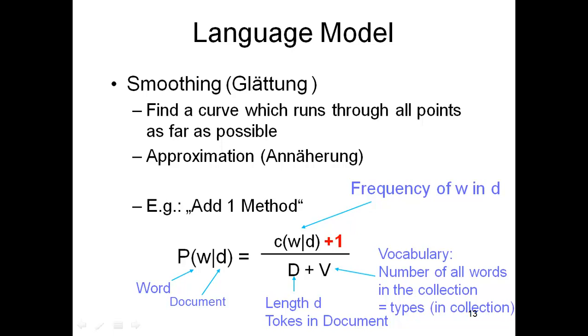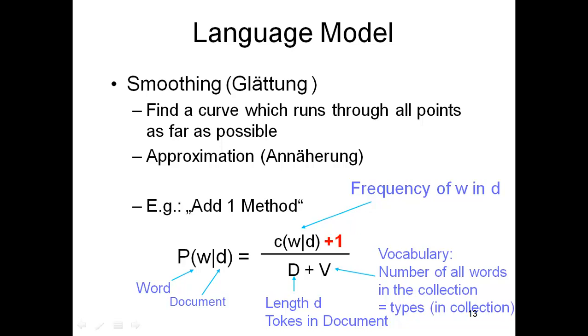That gives me V, the vocabulary size, more probability basically. So in order that the overall probability stays 100%, we also have to include V, the vocabulary size, in the division to make up for this plus 1 that we add for every word. For every word we also give a very small probability.